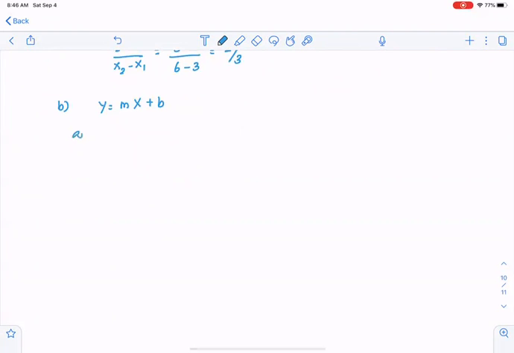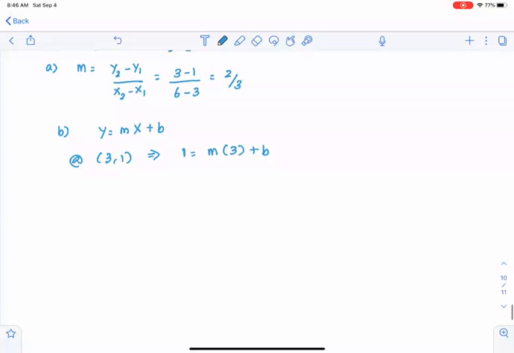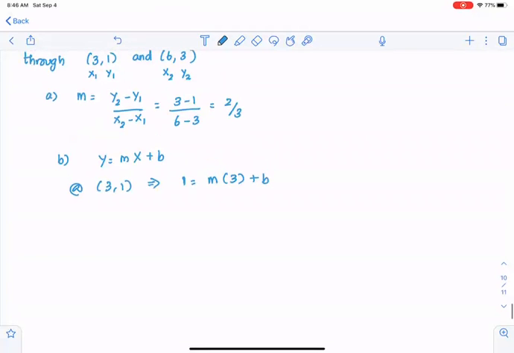So at the point 3, 1, the value of y is 1, the value of x is 3, and we have plus b. We know the slope from part A, so 1 would be equal to 2 over 3 times 3 plus b.